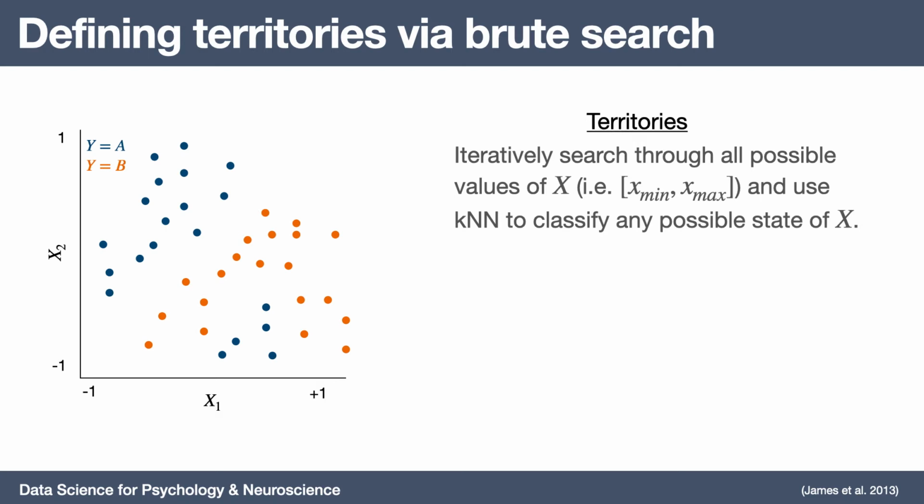To search for these territories, you have to iteratively go through all possible values of X, from the minimum to the maximum, set a precision in between, and use kNN to classify any possible state of X. So you keep sampling: you choose x1 at its minimum and x2 at its minimum, even though you don't have an observation for that particular pair of values.